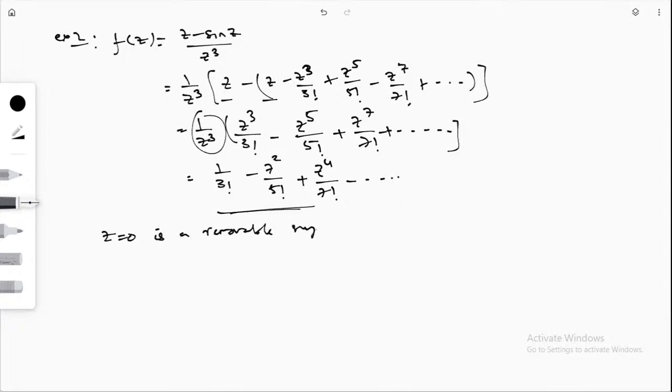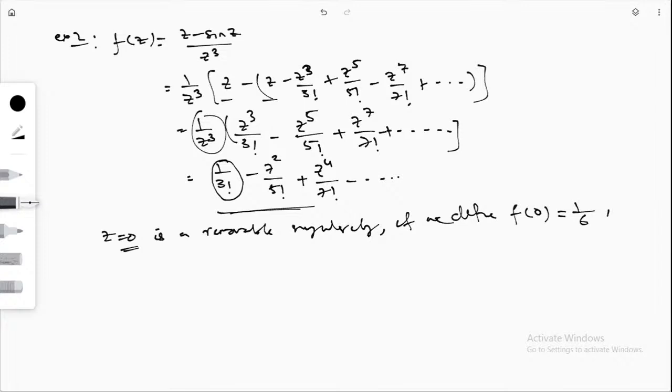It is a removable singularity. And how is the singularity removed? 0 is the singular point, so if we define f of 0 as 1 by 3 factorial, which is 1 by 6. So if we define f of 0 equal to 1 by 6, then the singularity is removed.